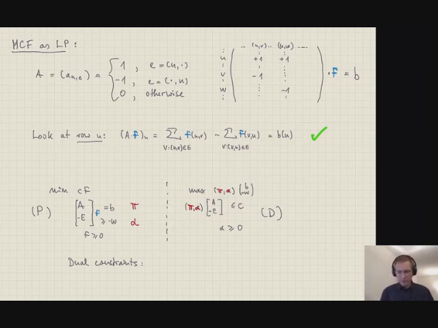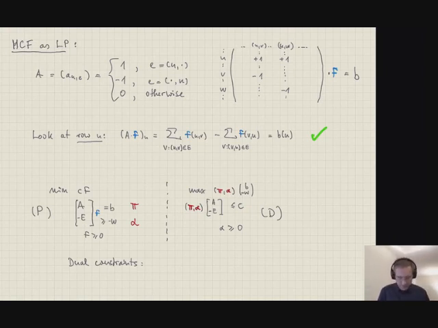Okay, and how does this dual constraint look like? Well, one such constraint would be pi, alpha times one of the columns of this matrix here is at most the corresponding value C. So let's write that down.